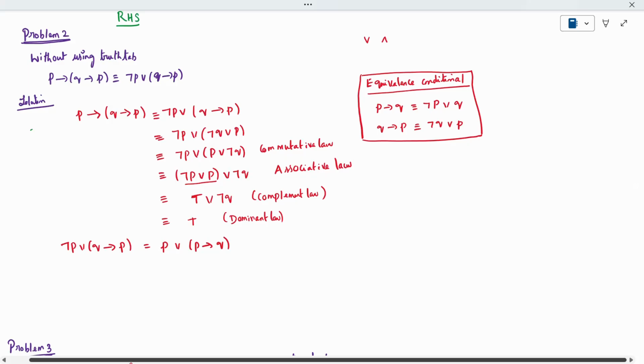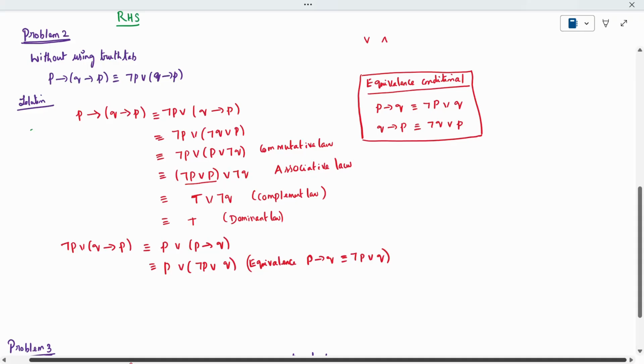Now P is disjunction to P conditional on this, which is nothing but negation P disjunction on Q by equivalence, that you have to write every time. By equivalence, P conditional on Q is equivalent to negation P disjunction Q. So that reason only we write it.